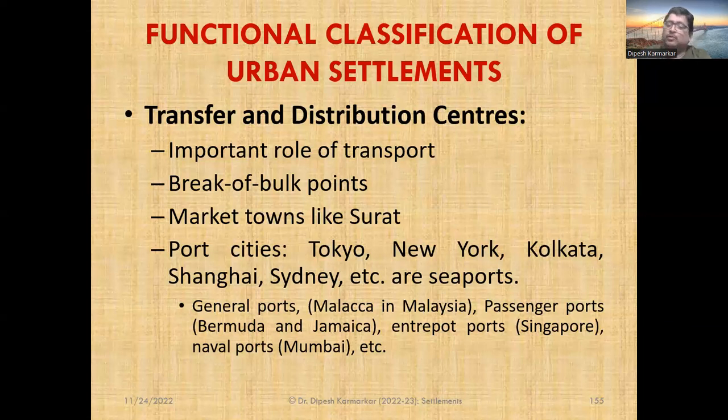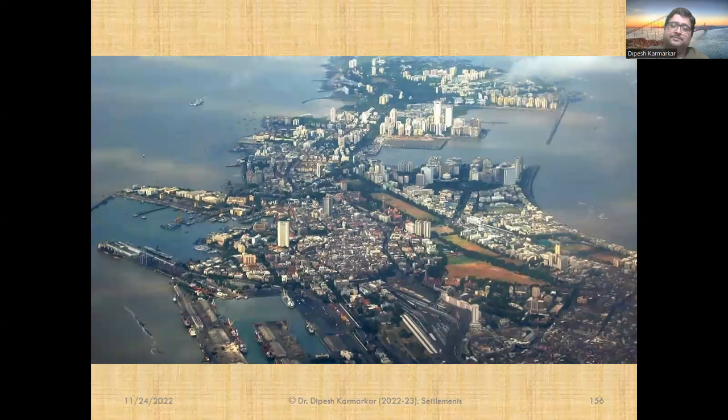There can be general ports like Malacca in Malaysia, or passenger ports like Bermuda or Jamaica, or entrepot ports like Singapore, or naval ports like Mumbai. So depending upon the specific functions carried out by that particular port, we can further subclassify the port cities. As we move into Mumbai, especially South Mumbai, we do find extensive development of a port, which is again of colonial origin.